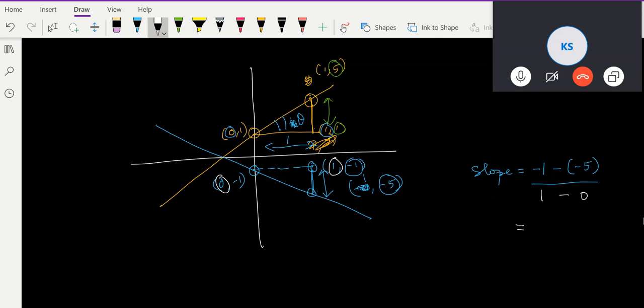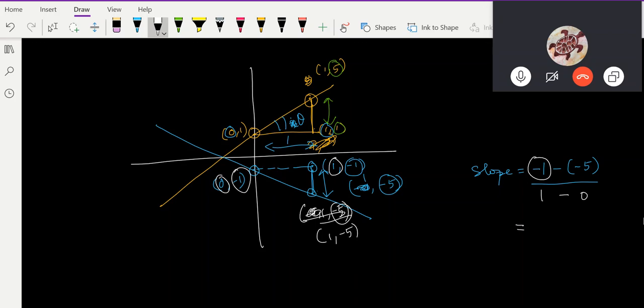Because this is 1 and minus 5, so I have taken this value first, minus 1 minus of minus 5.